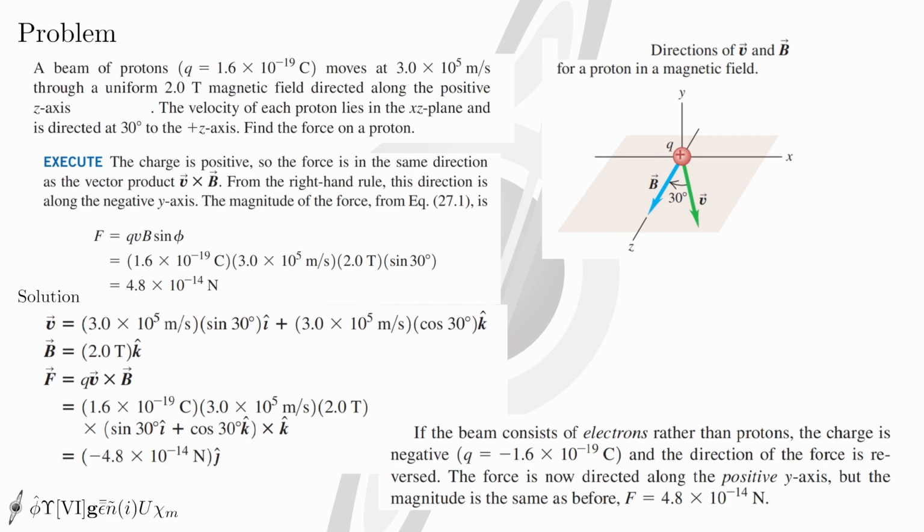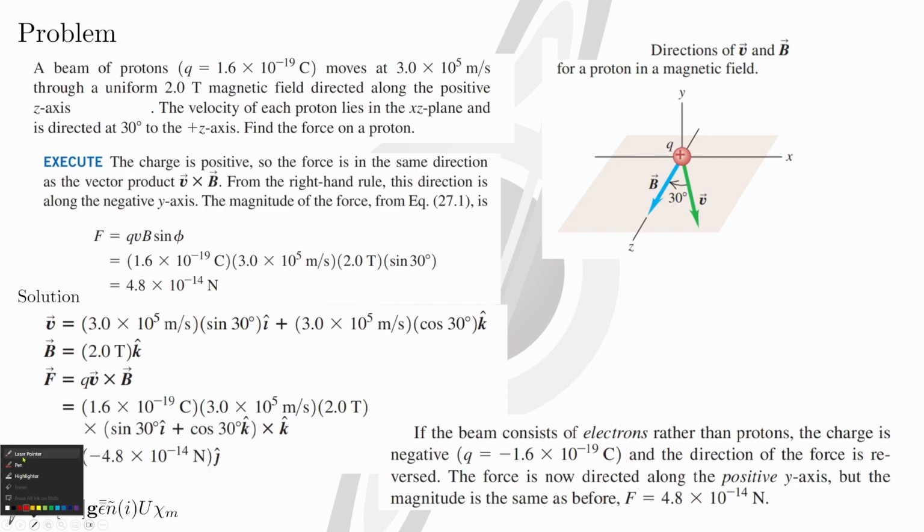So for us to find that force, we need to use the magnetic part of the Lorentz force law, which is qv cross B. If we just want to know the magnitude, we can use qvB sine phi.